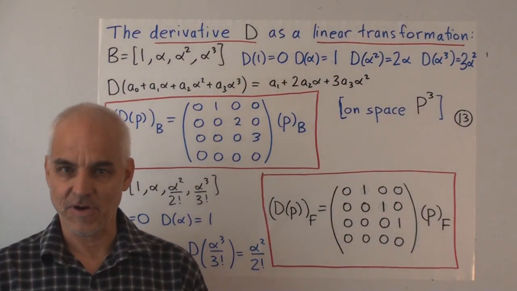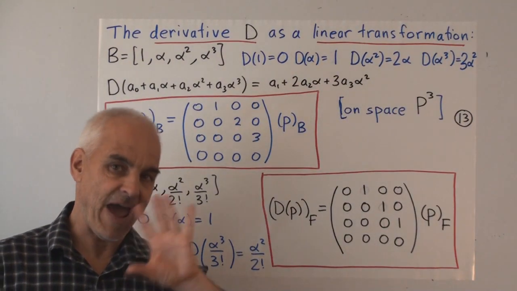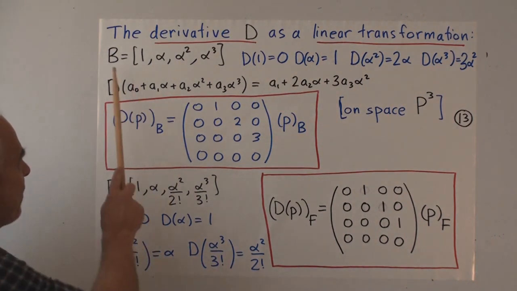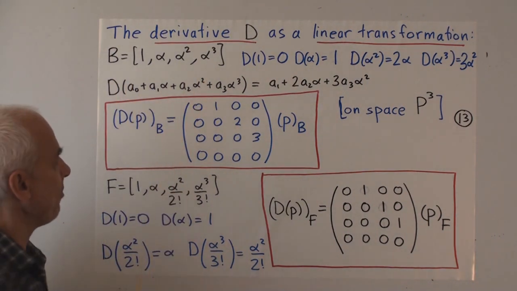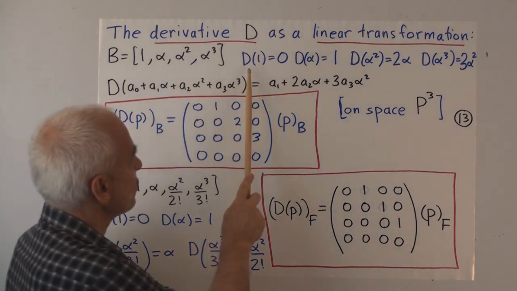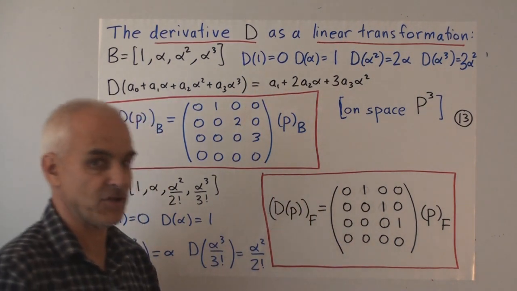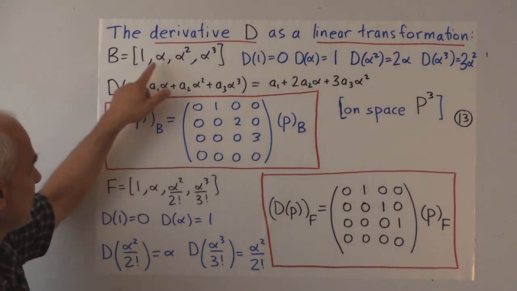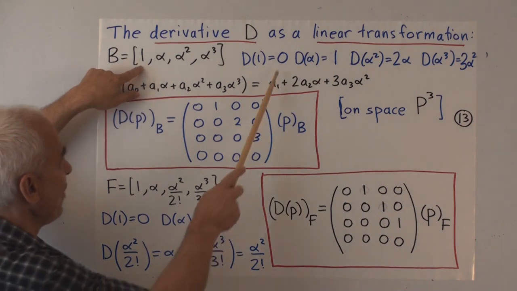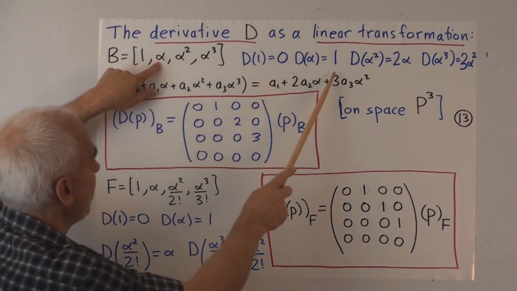So let's have a look at the derivative. The derivative acting on the space P3. We're going to look at it first with respect to the basis B, the standard basis. Here is what the derivative as a linear transformation does to these four basis vectors. The derivative of 1 is 0. The derivative of alpha is 1.